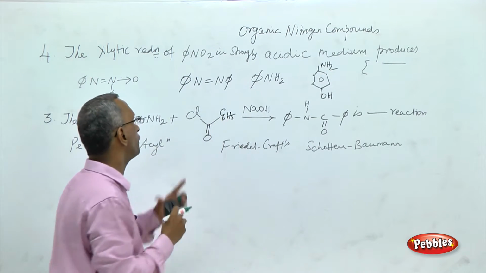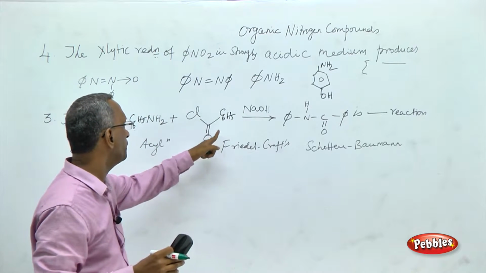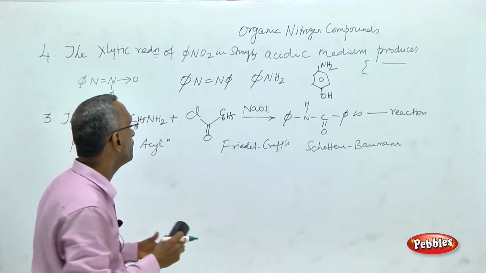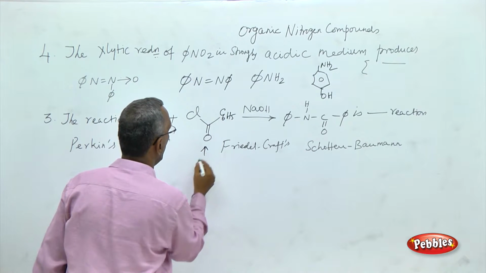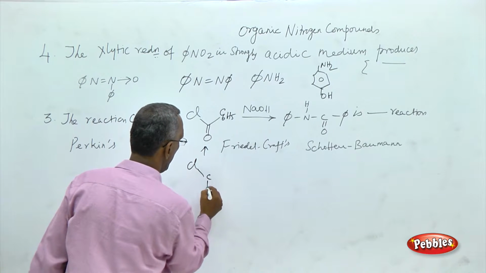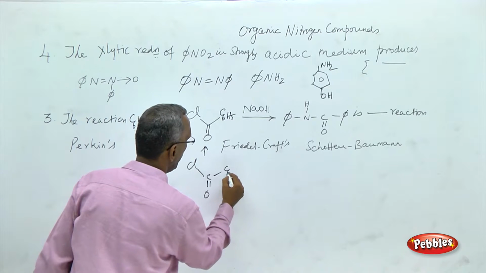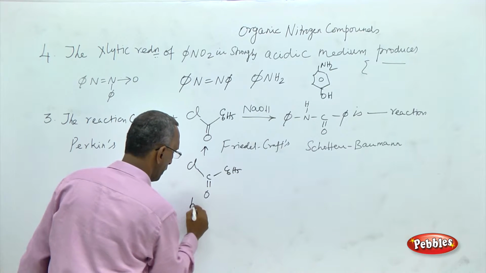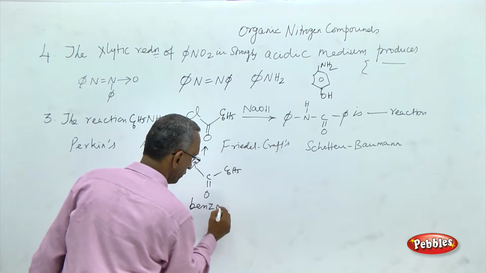It is mentioned in this fashion: Cl, a line, double bond O, which means this compound is Cl, C double bond O, C6H5. This is nothing but benzoyl chloride.